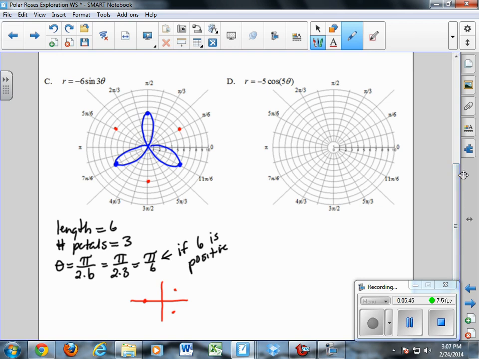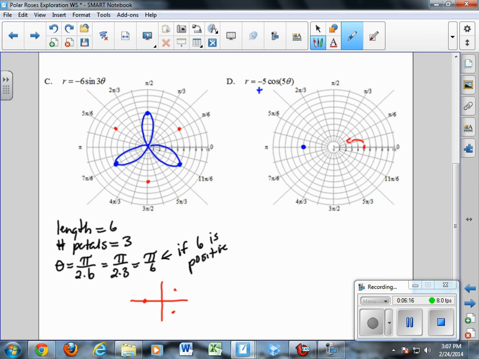And if it were a positive 5, cosine would start at 0. So I'd have a petal here, and then I'd have 5 petals evenly spaced. But since this is not a positive 5, I'm going to do the same thing I did last time: instead of starting at 0, I'm going in the opposite direction, starting at 5 pi.